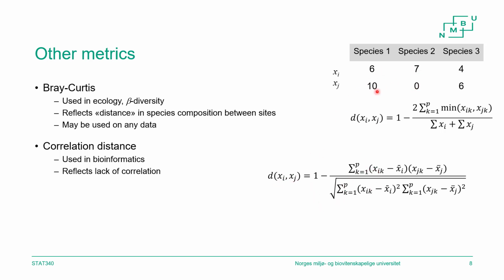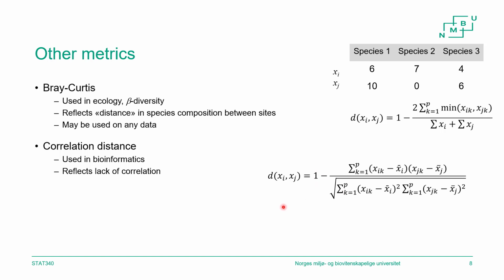But rows can also be correlated if all the values in one row are a constant times all the values in another row. So this one does not look at the absolute value of the numbers. It just looks at the pattern of going up and down. So that's what's reflected in this distance measure.